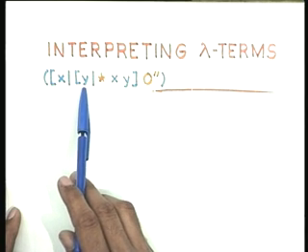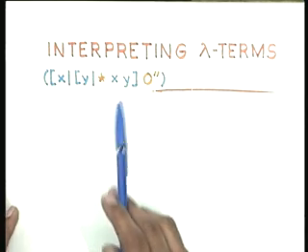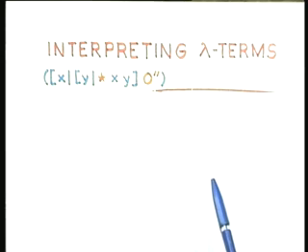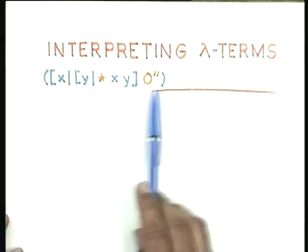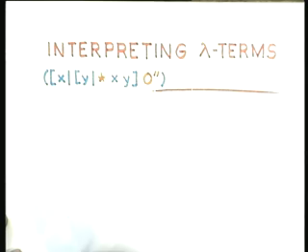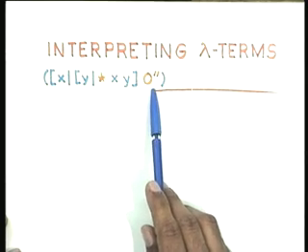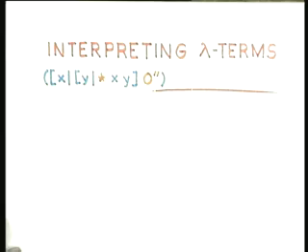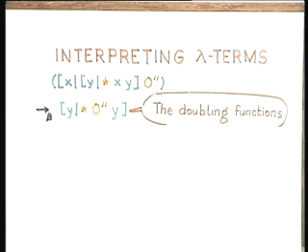Now here this lambda abstraction makes it a function of a single argument, where the arguments are taken in sequence. So the effect of applying this lambda term to the natural number 2 is to create a new function which is the doubling function.